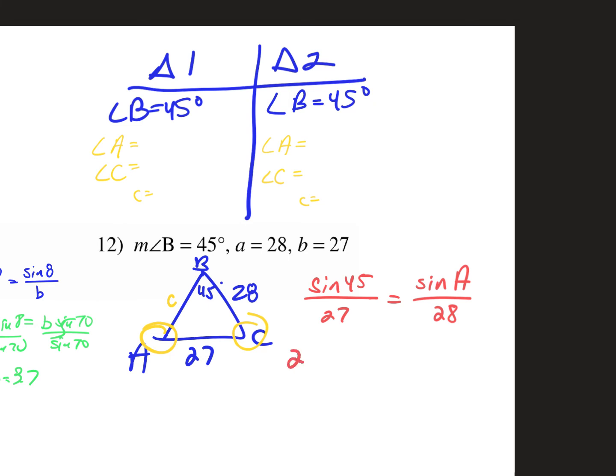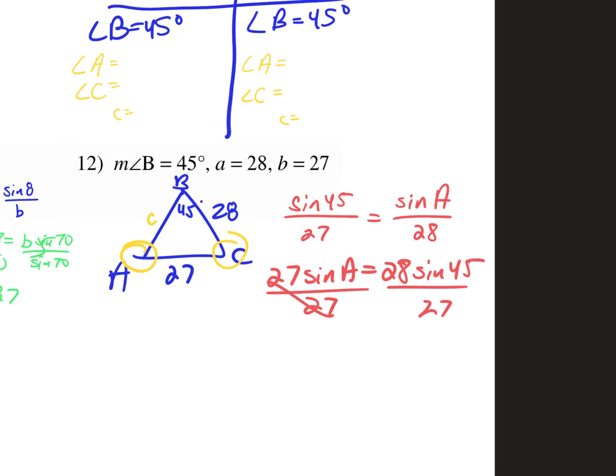So cross multiply: 27 times the sine of A equals 28 times the sine of 45. Divide by 27. And you get the sine of angle A is about how much? 0.73329. Second sine, second answer. About 47 degrees.